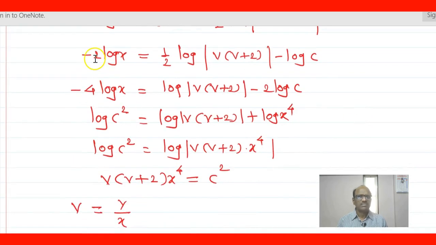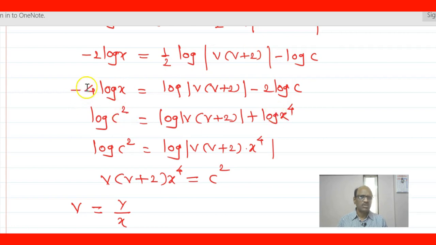Then you will get 2 into 2, that is minus 4 log of x. These 2 get cancelled. You are getting log of mod of v in bracket v plus 2 minus 2 log of c. Now next, that is the log of c square. Now bring this minus down on this side and the 4 log of x to the right hand side.